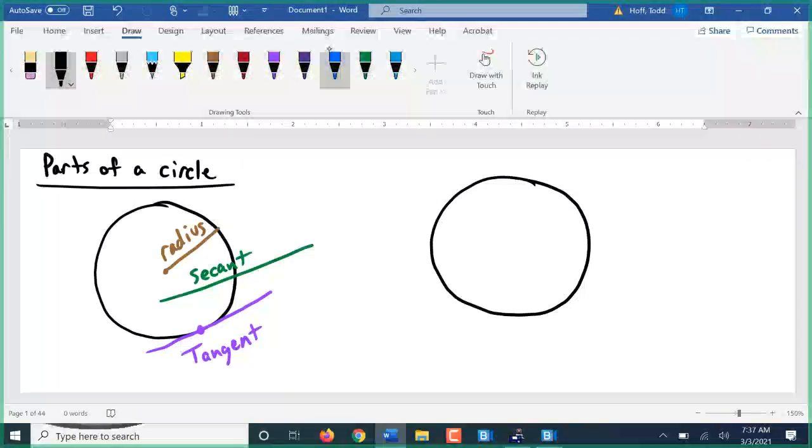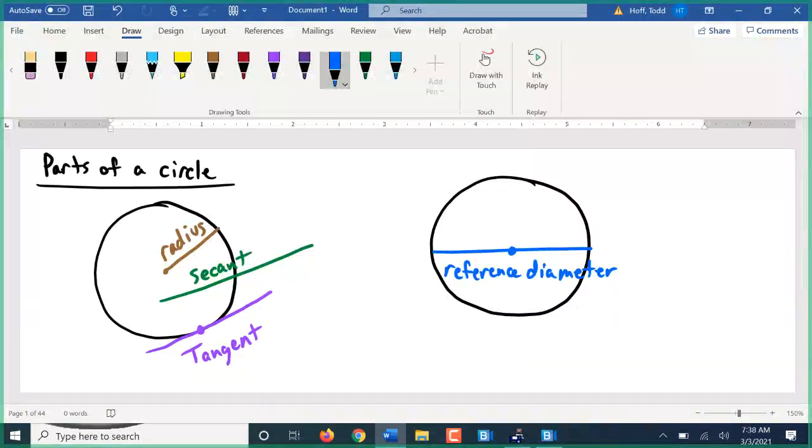Now these next two are ones that we have not seen before. First one is called a reference diameter. It is typically horizontal, sometimes vertical.